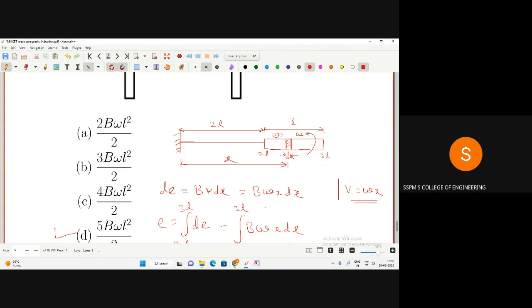The first equation is the equation for EMF, E is equal to minus d phi by dt. Then second equation, the transformer ratio. Third equation is the equation for mutual inductance, E is equal to L di by dt or M di by dt.